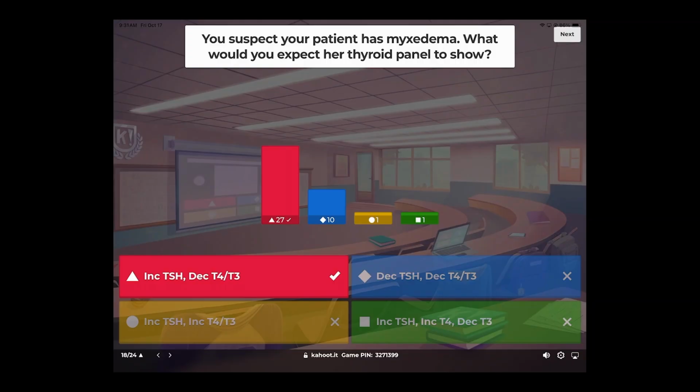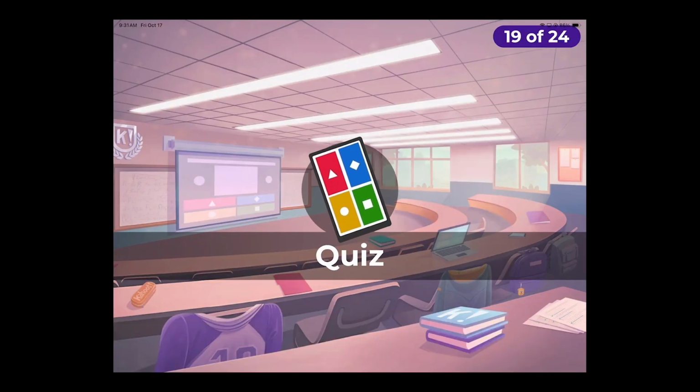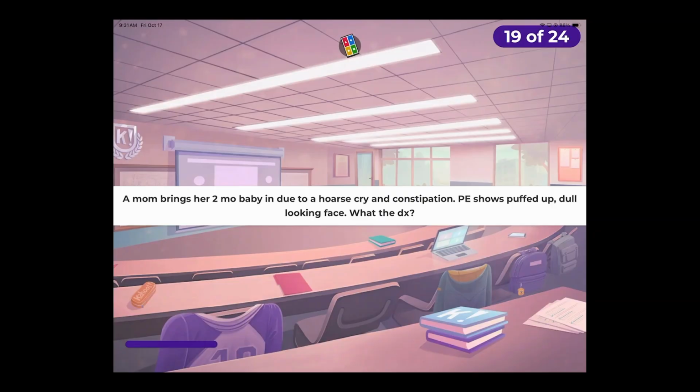The yellow one usually doesn't happen, and neither does the green one. Well, yeah, the green one, what does that mean? Or let's say there were normal TSH, normal T4, but a decreased T3. The conversion is the problem. Very good. Mom brings her 2-month-old baby in due to a hoarse cry, constipation. Physical exam shows puffed up, dull looking face.